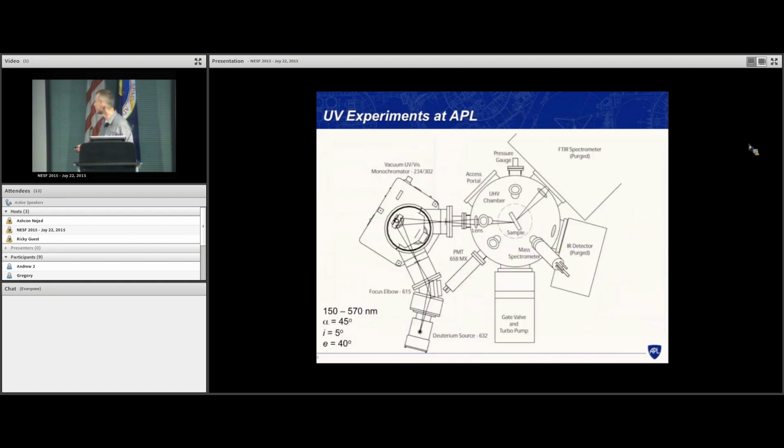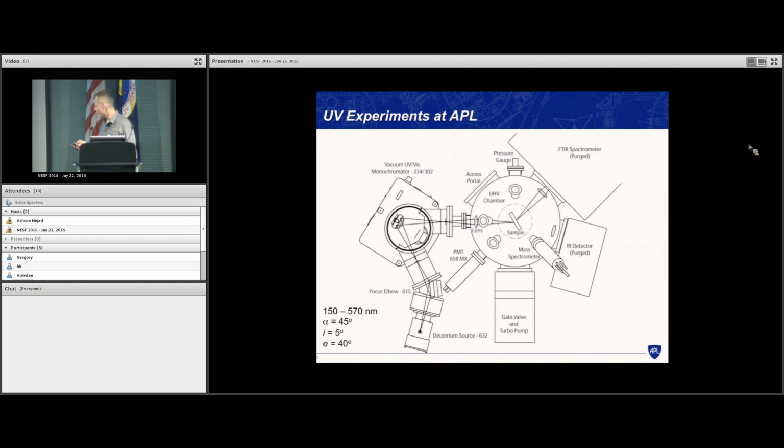Okay. All right, so this is the system we use in the laboratory, which has a UHV chamber here. This is a monochromator that is under vacuum that operates from about 150 nanometers to 550 or 570 nanometers in reflectance, and this is the FTIR. This allows us to obtain both IR and UV reflectance spectra of a sample, not at the same time, but under the same conditions.